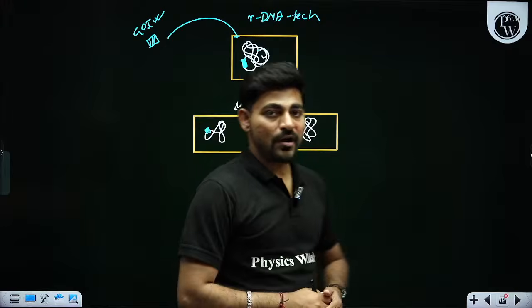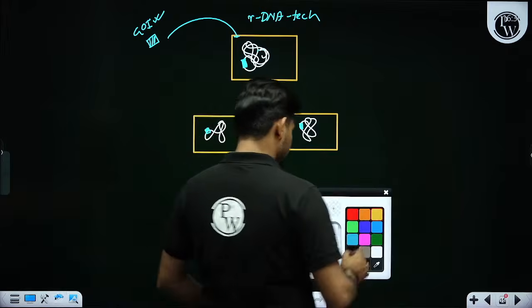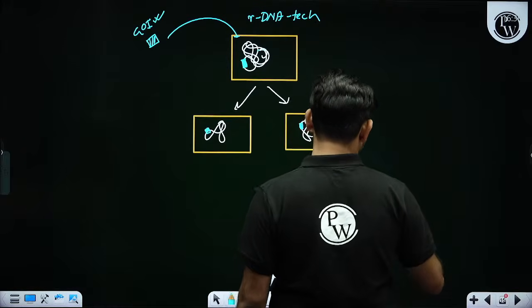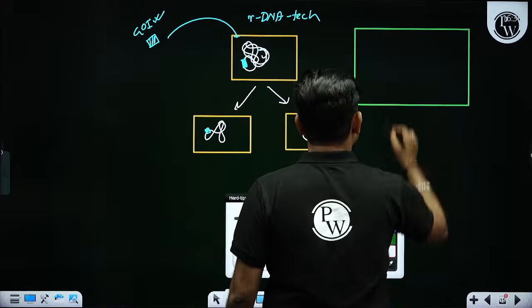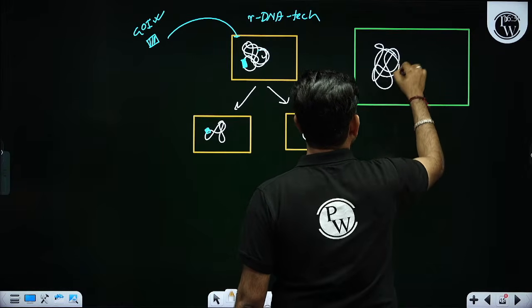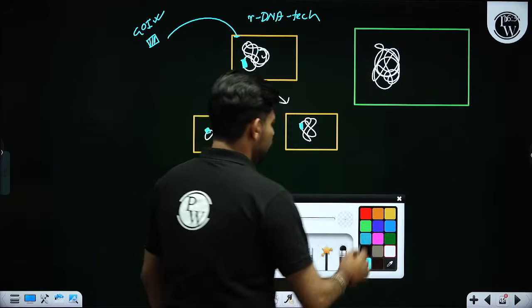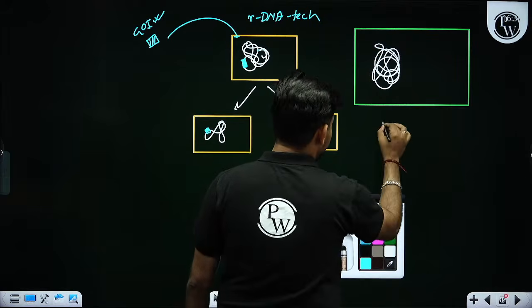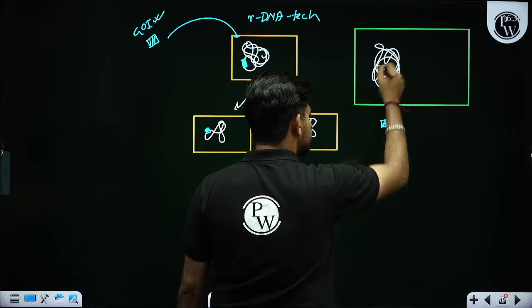Or else you can take help of another thing. And what is that? Suppose this is another host cell, this is the genome or the main nuclear DNA of the host cell, and you don't want your gene of interest to get incorporated into the genome.